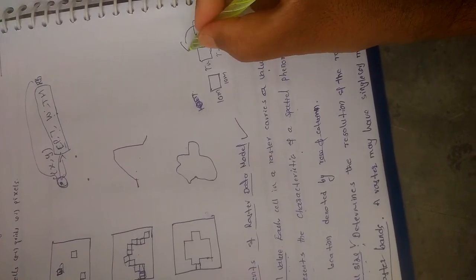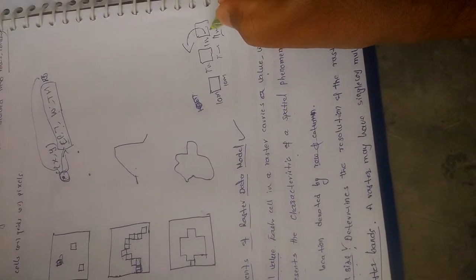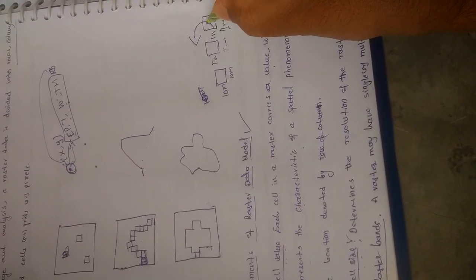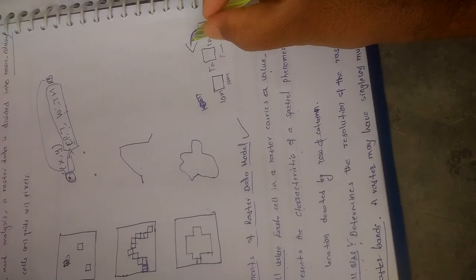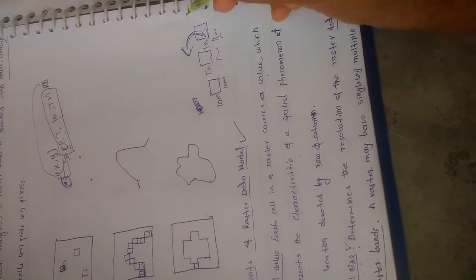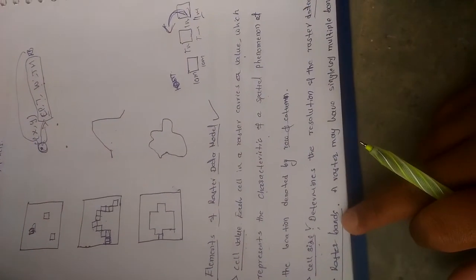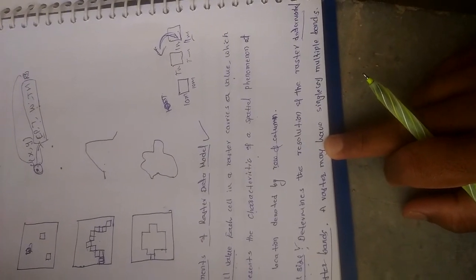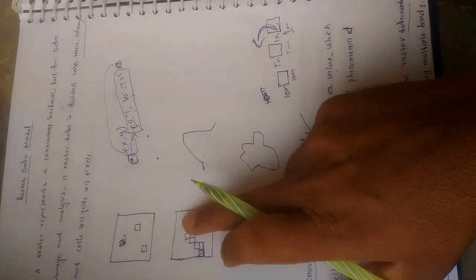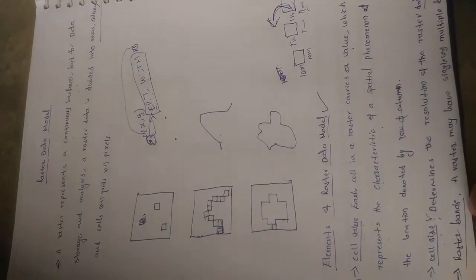So the less cell size will give the accurate information of a geological spatial location of a particular point. Okay, next one is the raster bands. These raster bands may be single or multiple bands. These all are the bands of a raster data model.